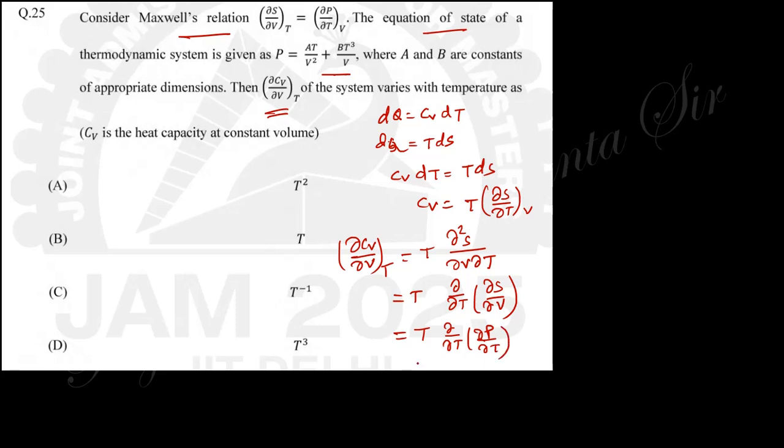So del Cv del V at constant temperature is T del 2P del T square.